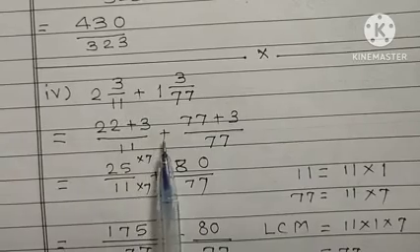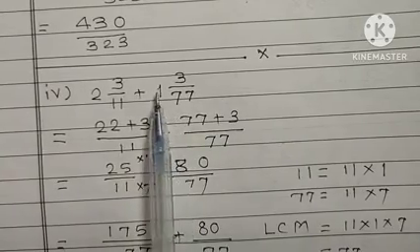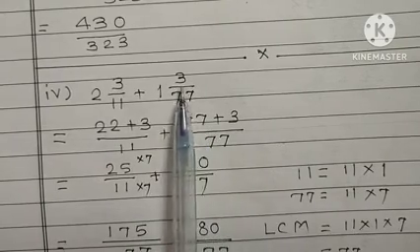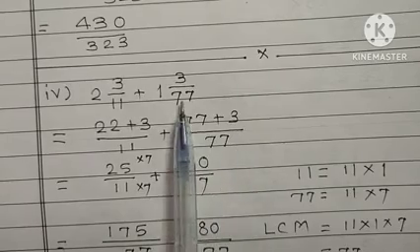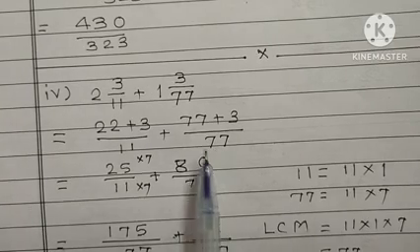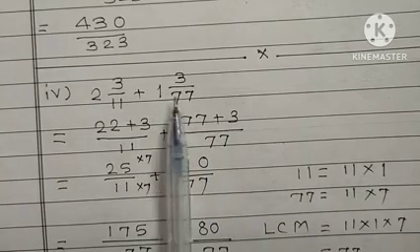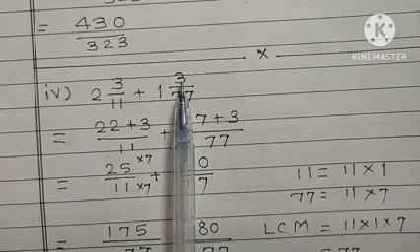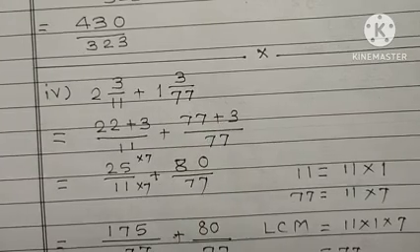Now plus 1 into 77, that is 77, plus 3 upon this 77 as it is. So always take the product of these two plus this numerator. You write in this way.